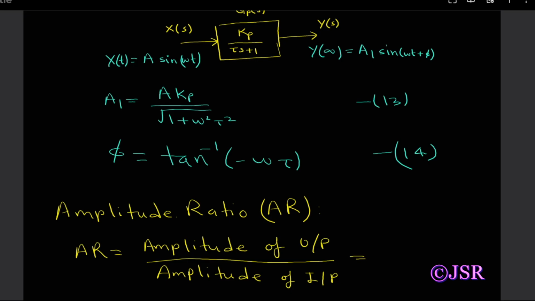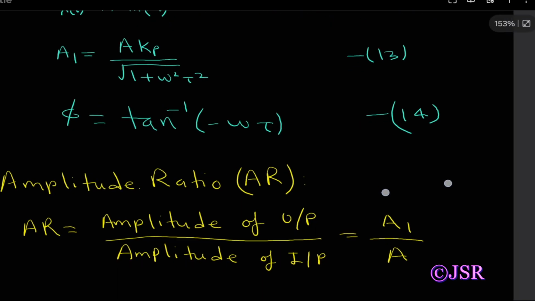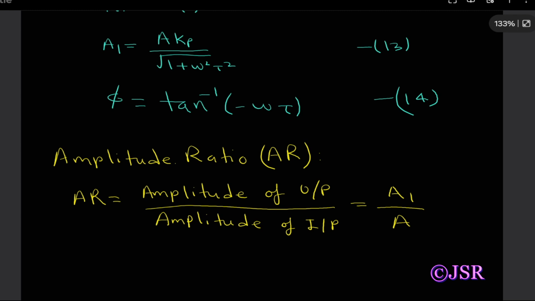So we have already seen that for a sinusoidal input we will also have a sinusoidal output, and if the output response has the amplitude of A1 and the input has the amplitude of A, so the ratio A1 to A will give you the amplitude ratio, right?